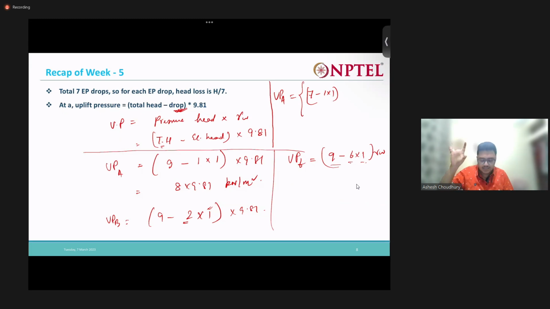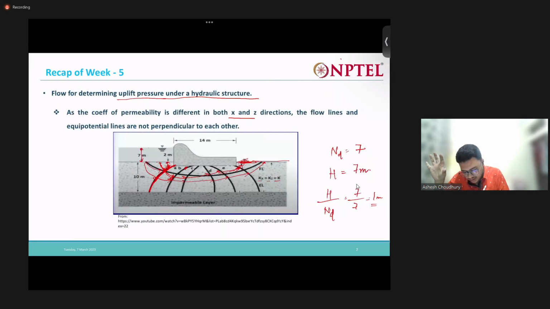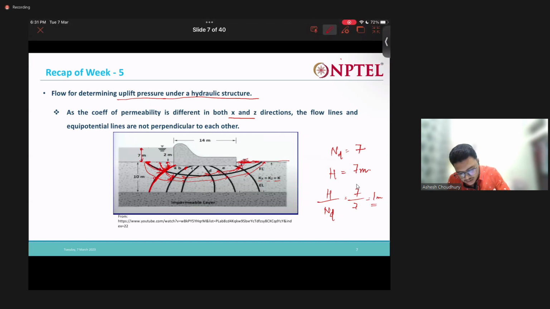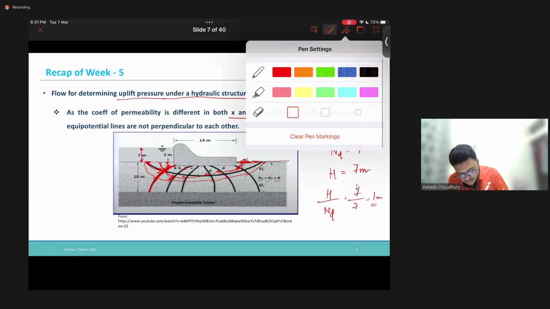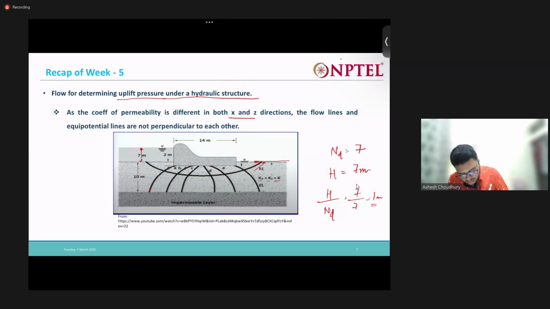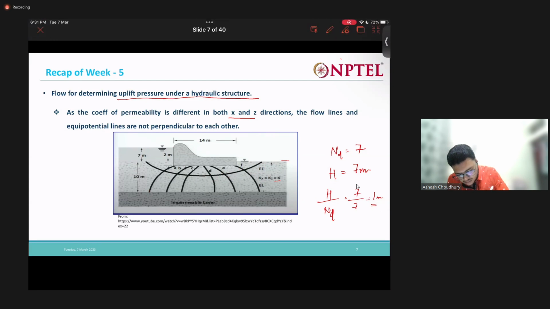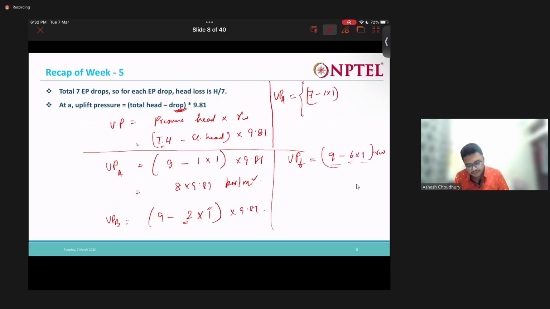Initially my head here was 7 meter. As I come from here to here in this line, there is one head drop. So in each head drop, 1 meter of head will be lost.